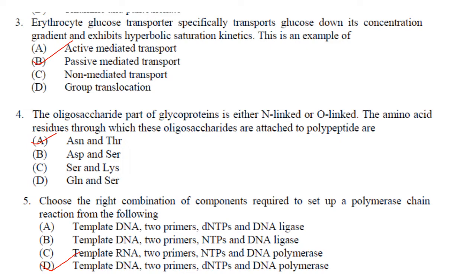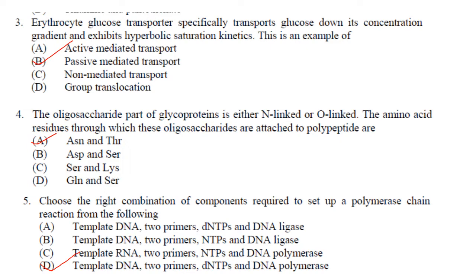Next one. Choose the right combination of components required to set up a polymerase chain reaction from the following. Option A, template DNA, 2 primers, dNTPs and DNA ligase. DNA ligase is not what is required for PCR, you need DNA polymerase.